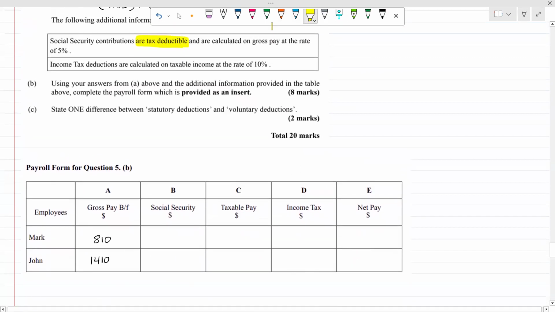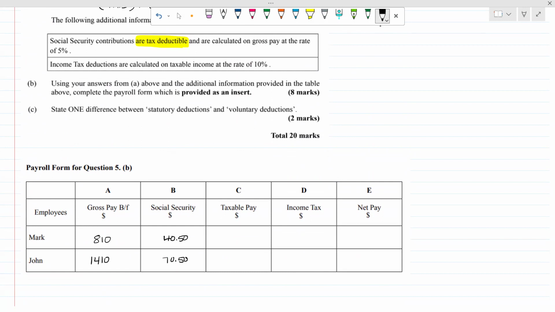So you have to find 5% of your gross pay. 810 by 0.05, that's 40.50 for Mark, and 1410 by 0.05, that's 70.50 for John.